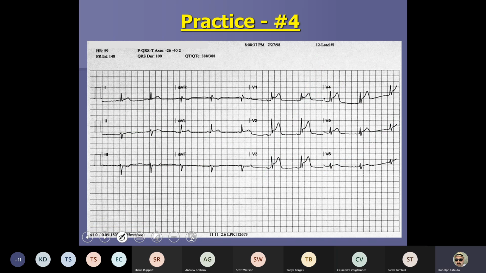Okay, so 1, AVL, V5, V6 are lateral, so you make a big L. Okay, everybody see that L?